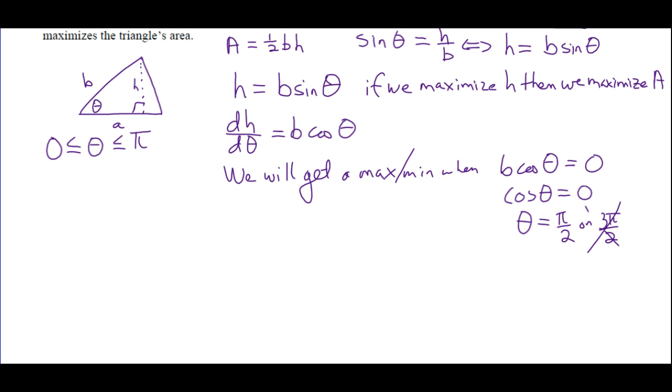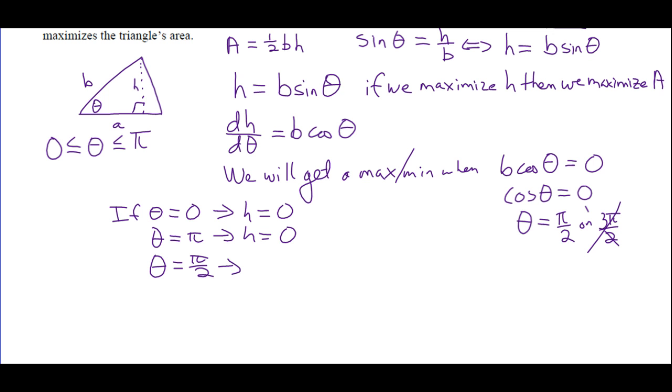So having examined, if theta equals 0, then h is 0. If theta is pi, h is 0. So what did the question say? Determine the angle.